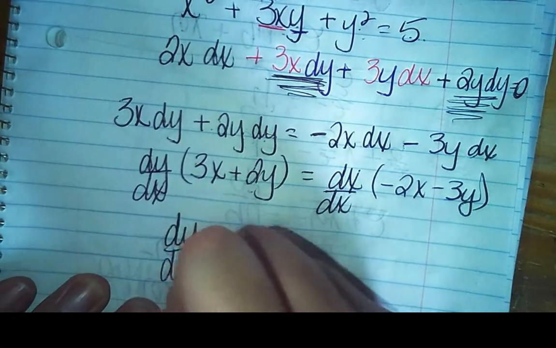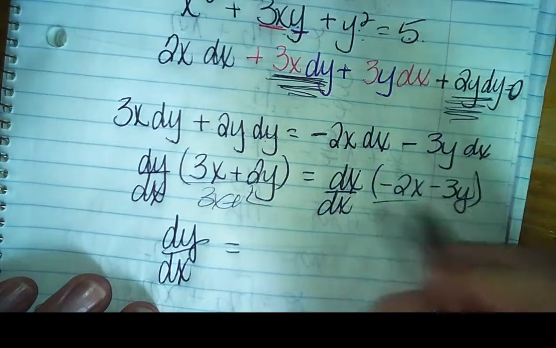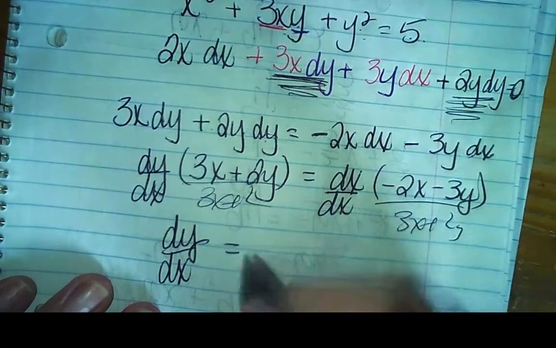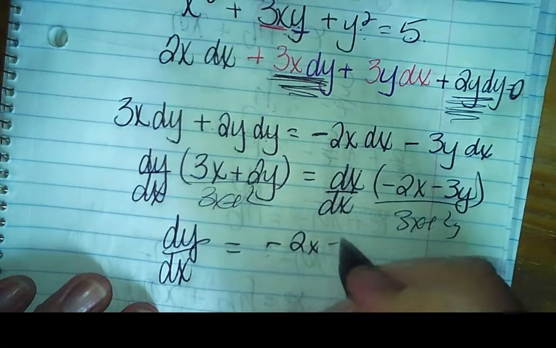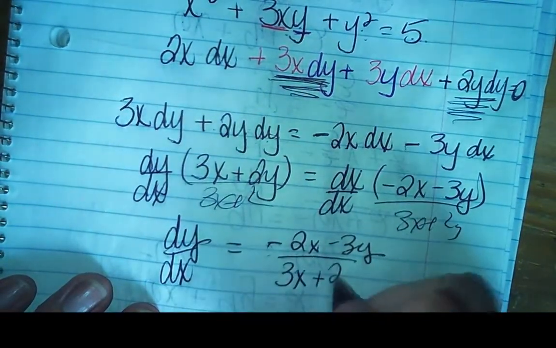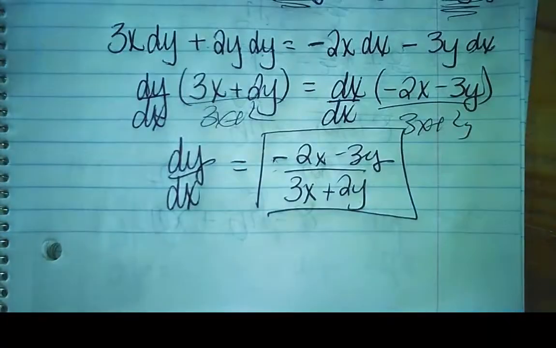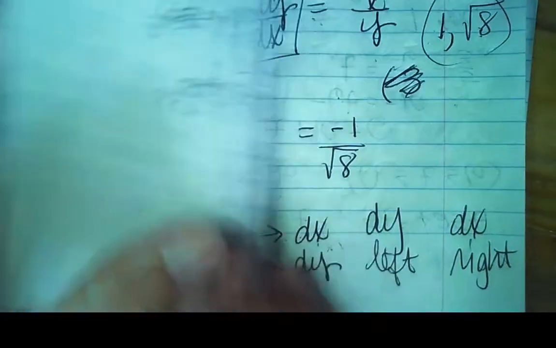So dy dx equals, divide both sides by 3x plus 2y. So I get a negative 2x minus 3y over 3x plus 2y. So that is the formula for the slope of the tangent line, or the formula for instantaneous rate of change. Okay? So let's try it again.